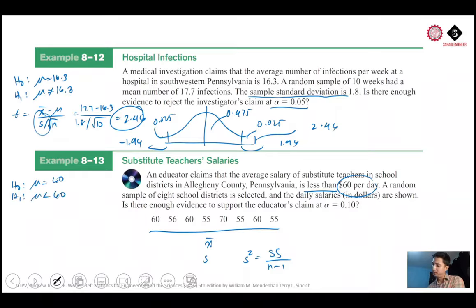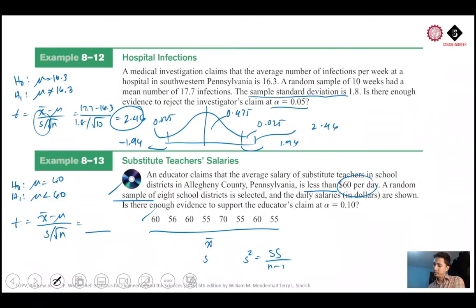Since we are given raw data, it is obvious that we are going to use the t-value, since our standard deviation is the sample standard deviation, and it is also stated here that a sample of 8 schools was taken. So you have two clues: the sample keyword and the actual raw data. So we have to use the t equals x bar minus mu, divided by s divided by the square root of n.